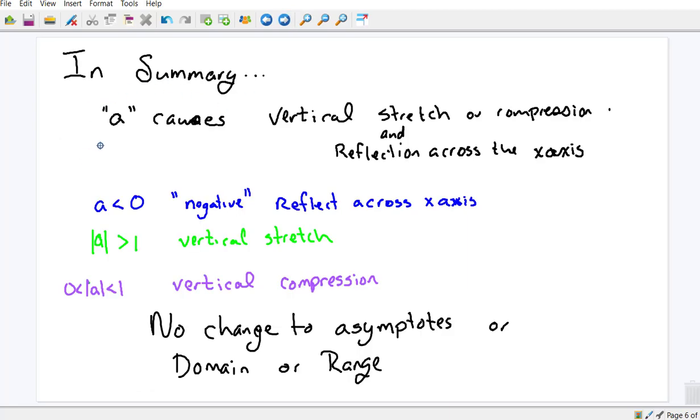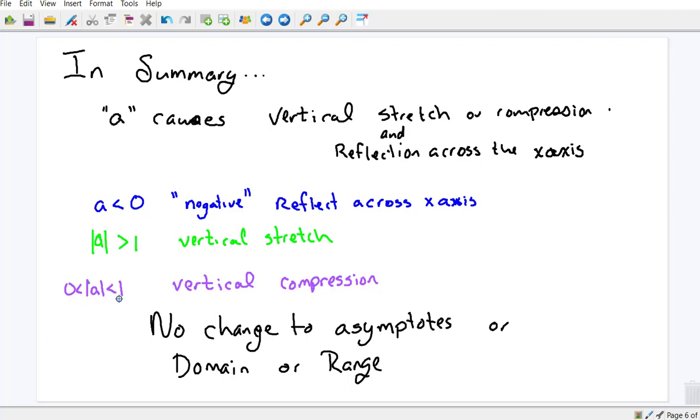So let's go ahead and summarize that. The A, the number that's in the numerator, will cause either a vertical stretch or compression, and it can reflect across the x-axis if it is negative. So the rules for this: if it's negative, it reflects across the x-axis. If the absolute value of that number is greater than 1, it's a stretch.